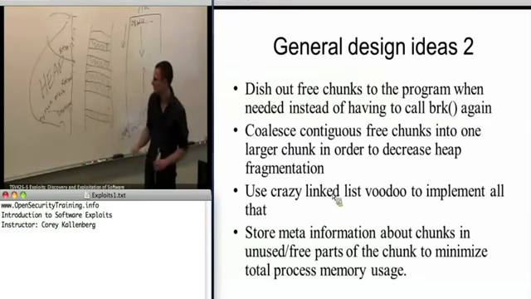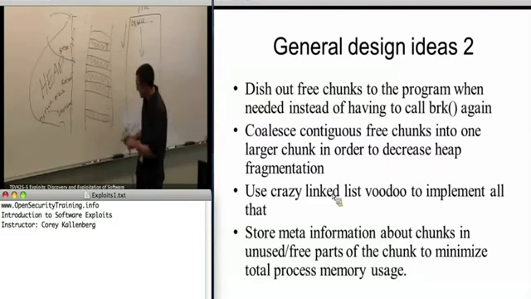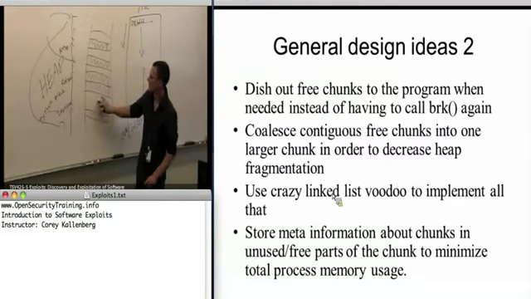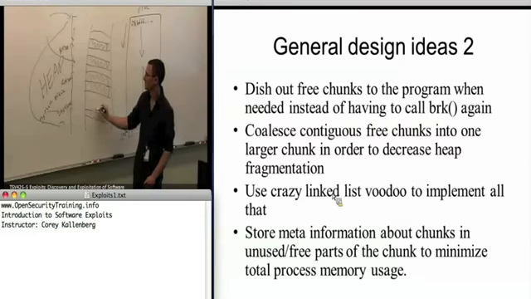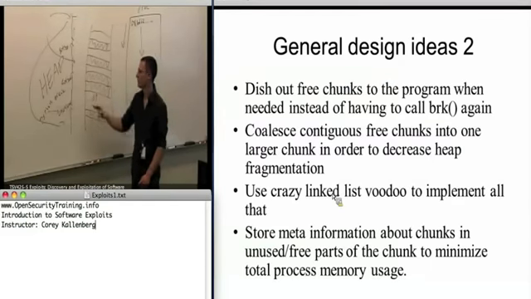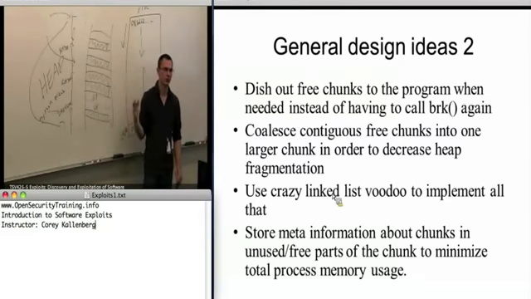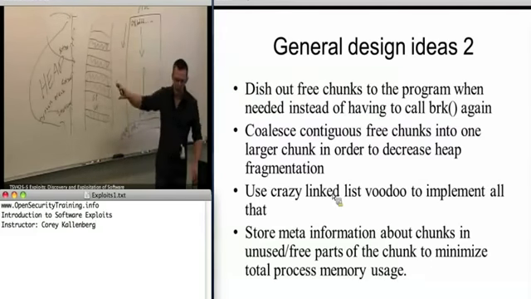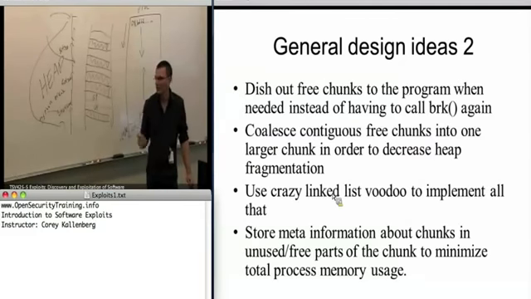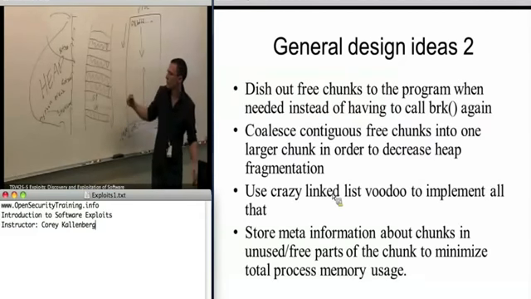So let's say these chunks of memory are each 64 bytes, because the user did char buff equals malloc 64 and free buff, and that happened twice. But now the process is handling more and more data, and it needs 100 bytes.